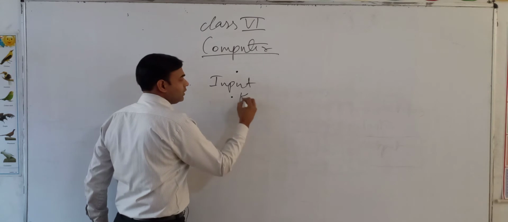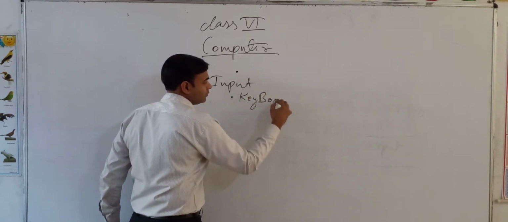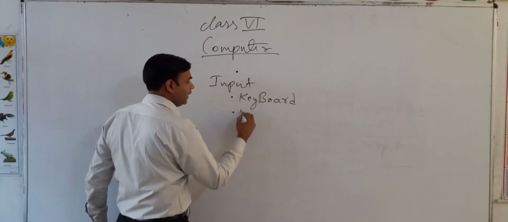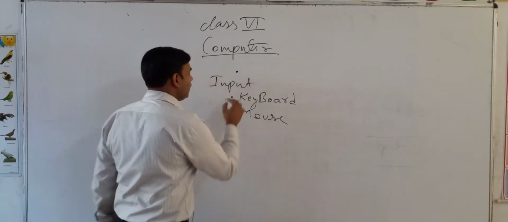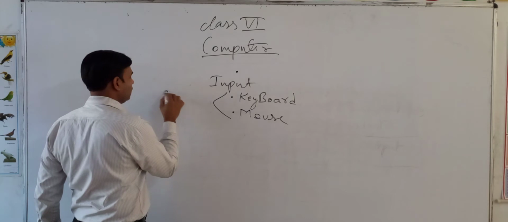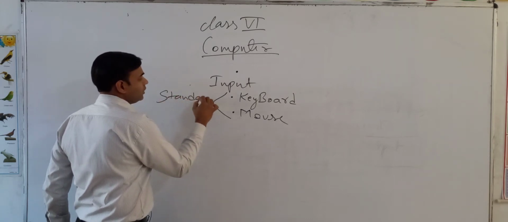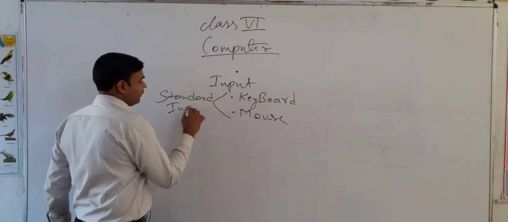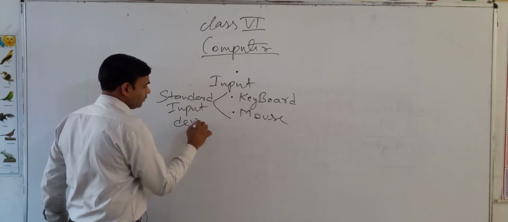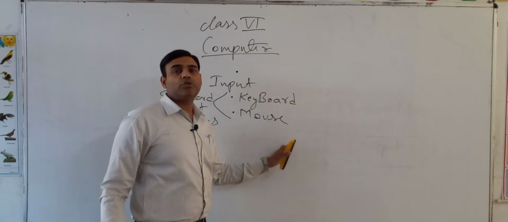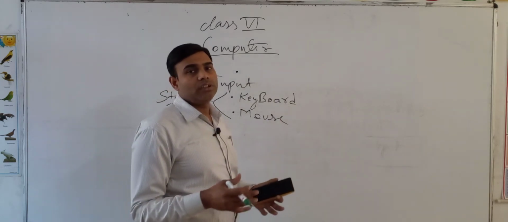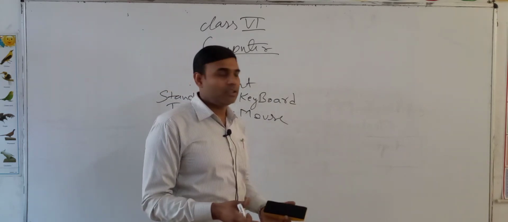Number one is the keyboard and second is mouse. These are standard input devices. Their main work is to provide values and data for processing.